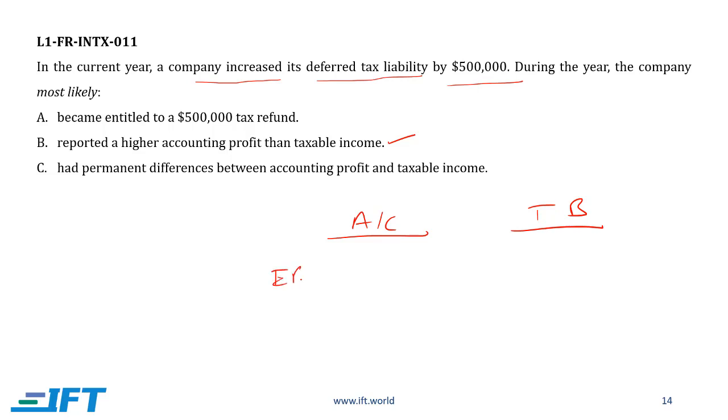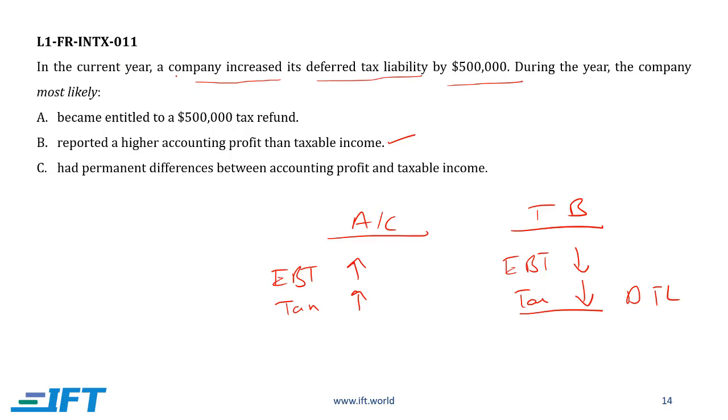If your EBT is higher over here, then what is happening to your taxes? Taxes are higher. If your EBT is lower over here, then your taxes are lower. So we paid low taxes and then what was expected? So what is happening? Deferred tax liability is generated.